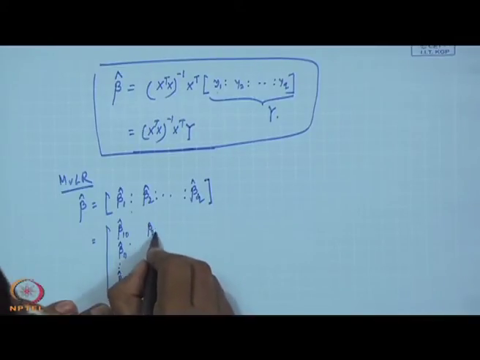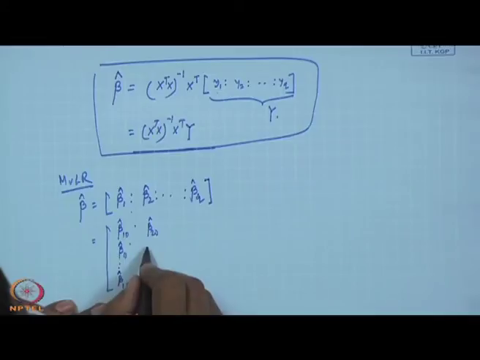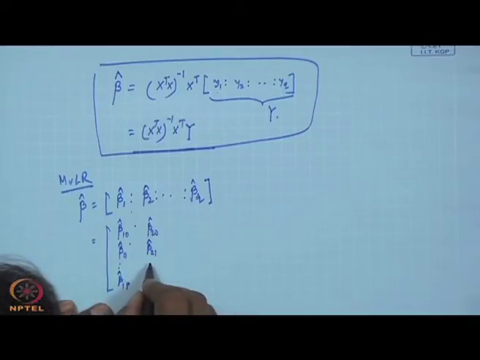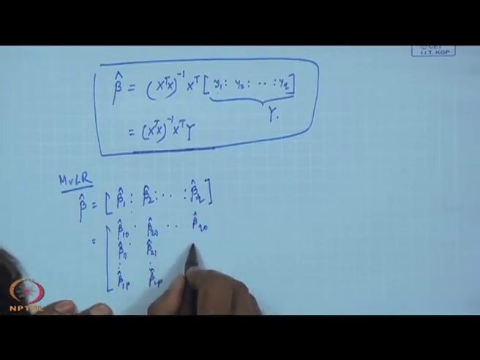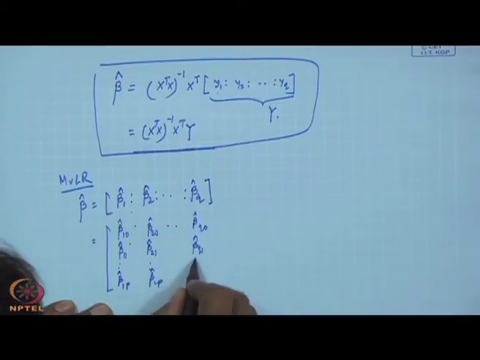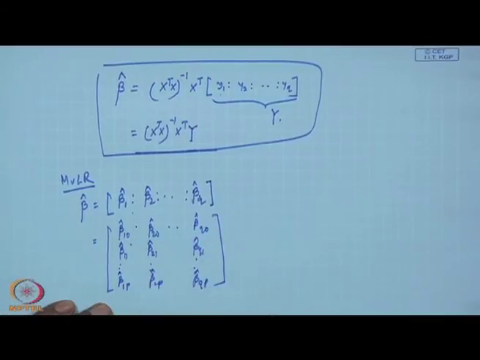This is your beta 2 0, then beta 2 is affected by 1, like this beta 2 is affected by p. Similarly beta q 0, beta q 1, then beta q is affected by p. This is the case.